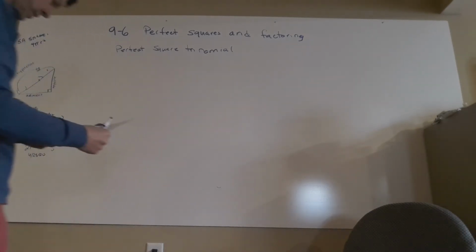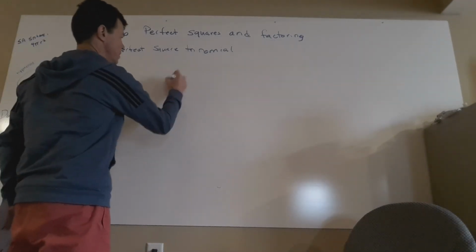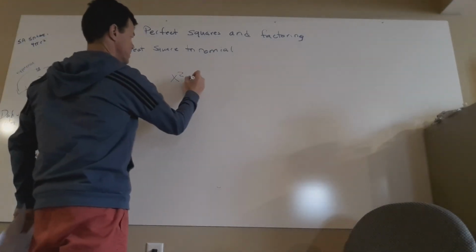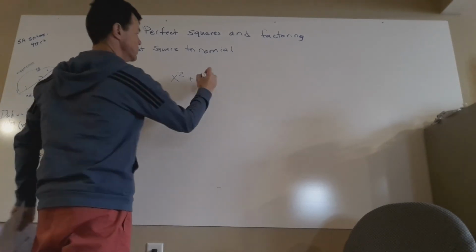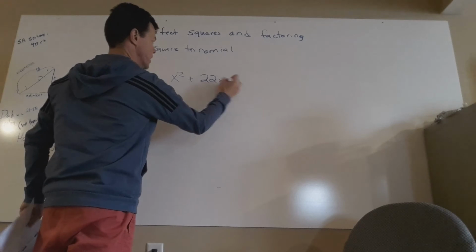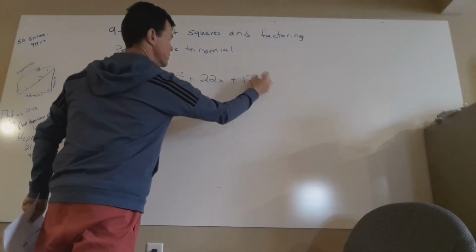Let me do this: x squared plus 22x plus 121.